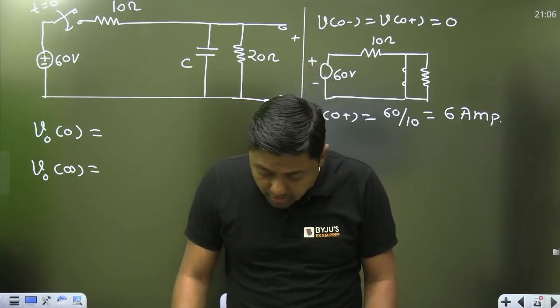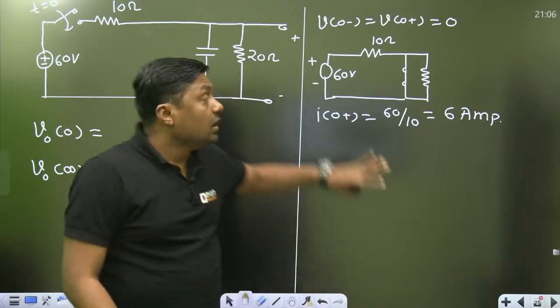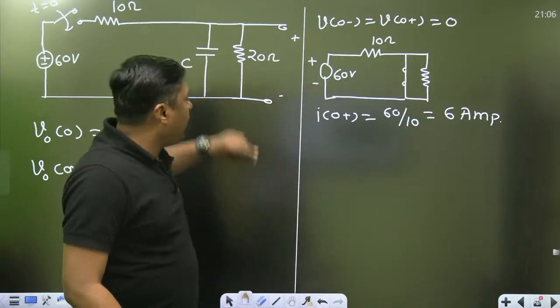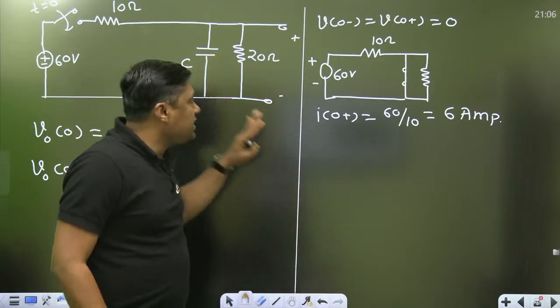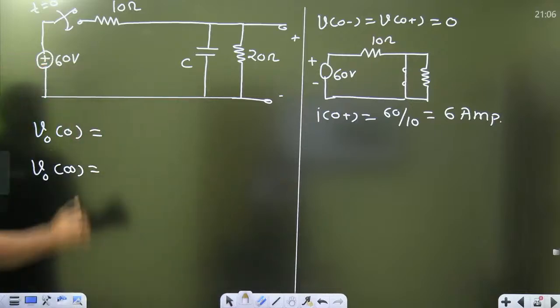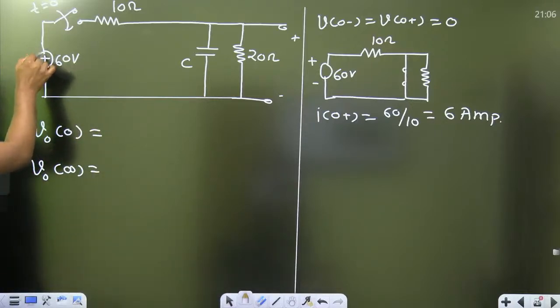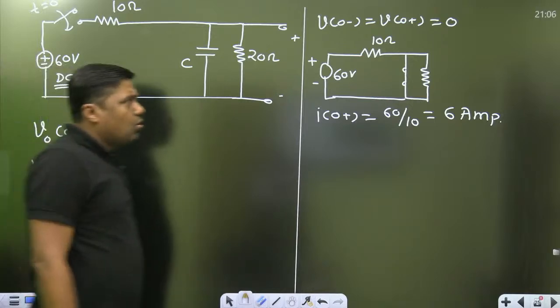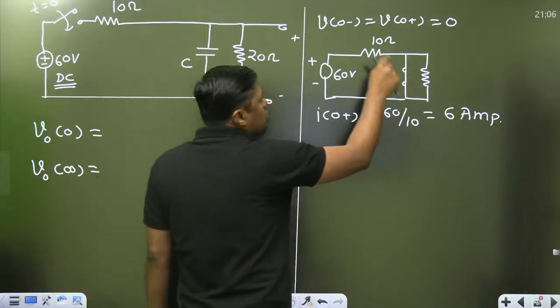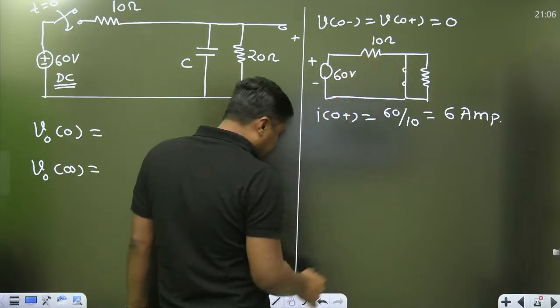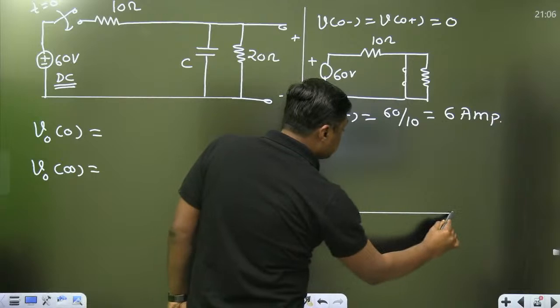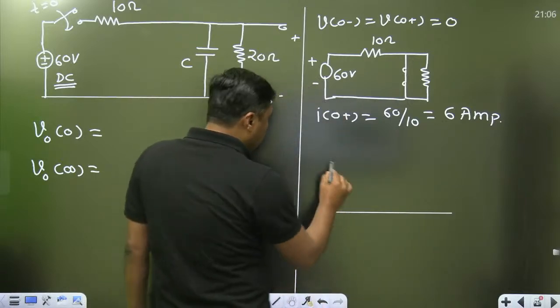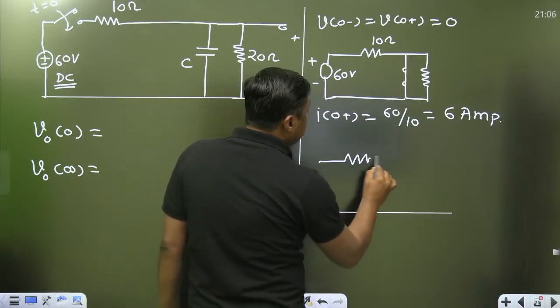Now, last thing I want to ask, what is the final voltage across the capacitor? Finally, because this is a DC source, for a DC source the capacitor will act as open circuit under steady state. The final voltage we can find by the voltage division rule.